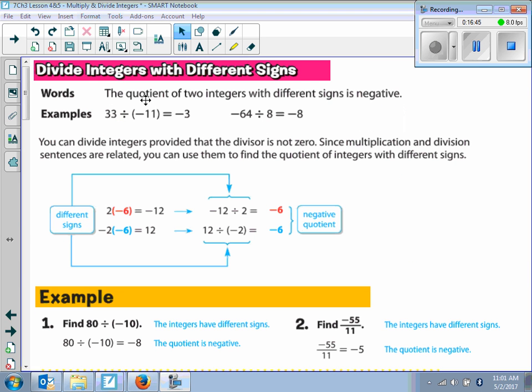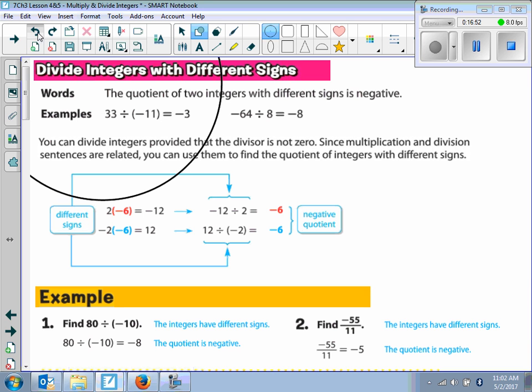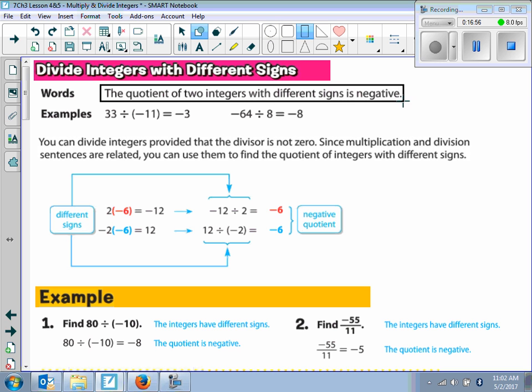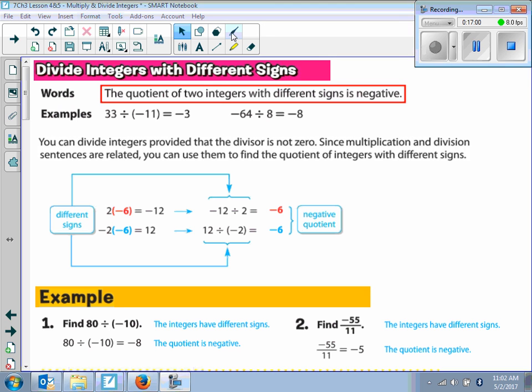For division, when we are dividing, the quotient of two integers with different signs is negative. So the quotient of two integers with different signs is negative.